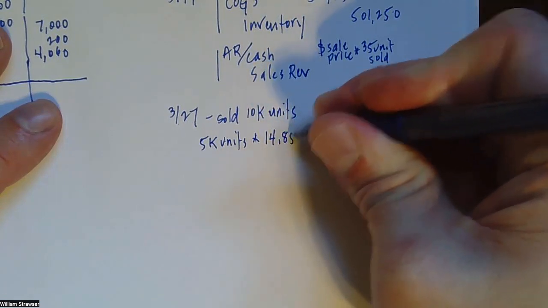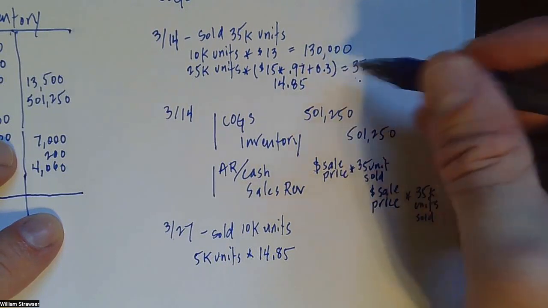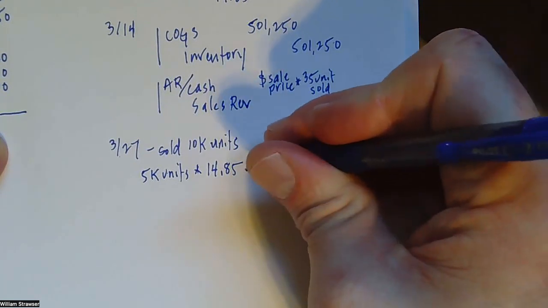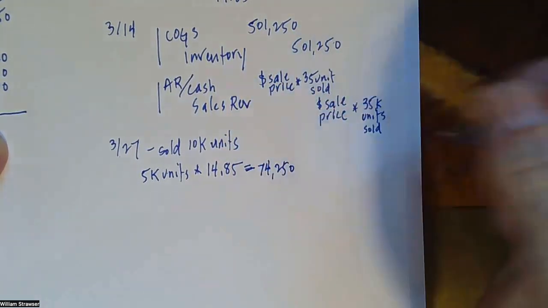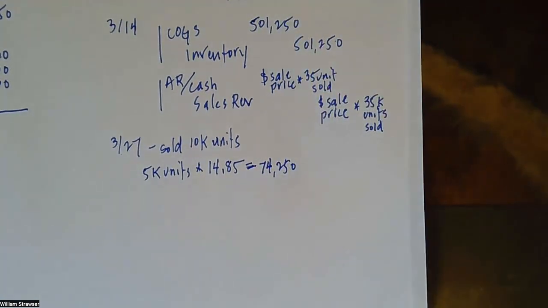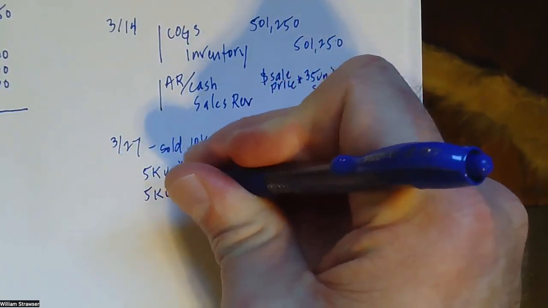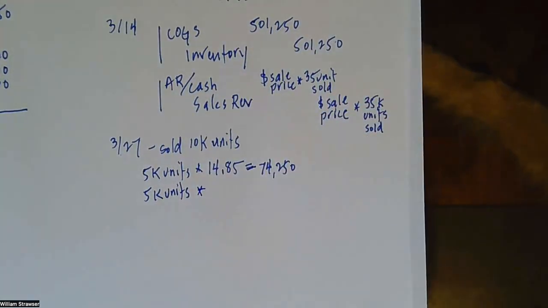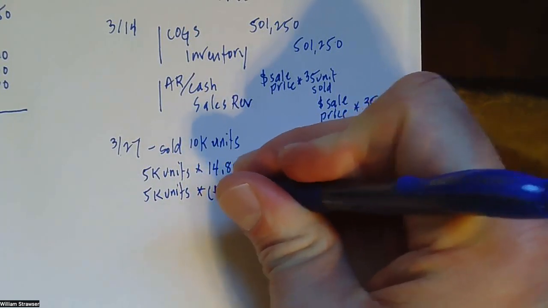I don't need to redo the math because I already figured out what each unit costs considering the discount and the freight. And that'll give me $74,250. Now, all of those are gone, but I still need 5,000 more units. And so I want to take those now from the second batch of units I purchased during March, and those were at $14.